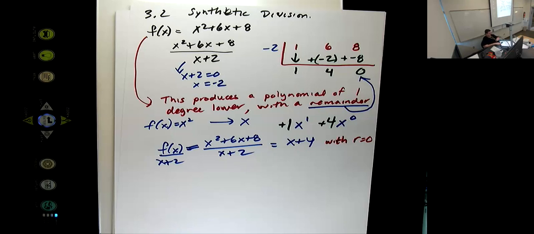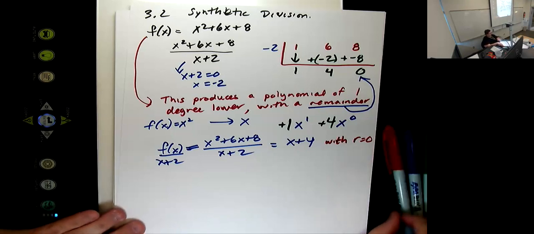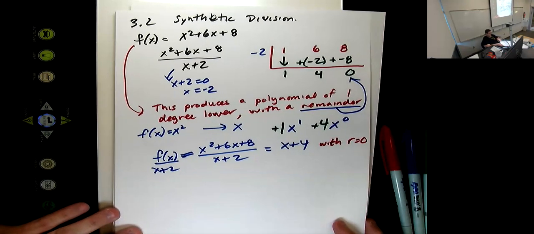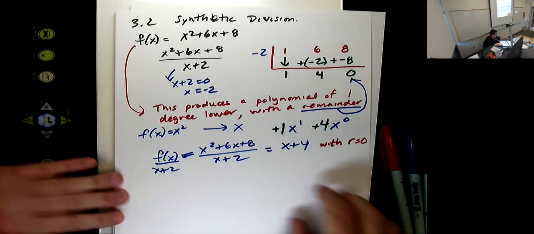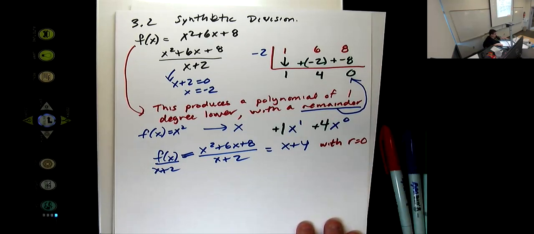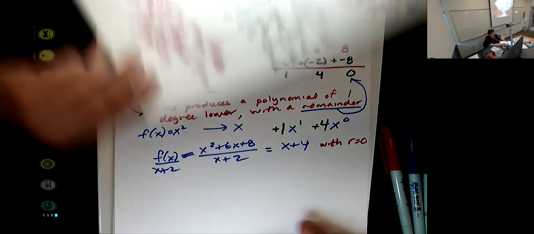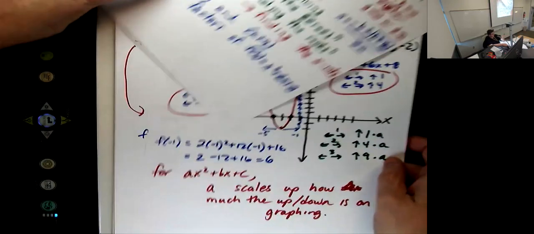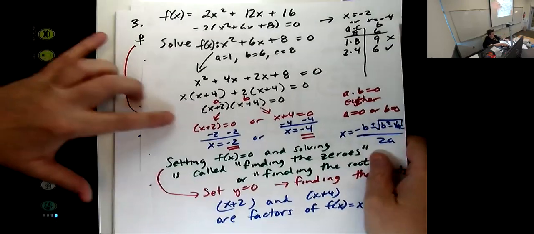That's going to be pretty important. I'm going to do this again in a little bit. Because note, we already knew the factors of f of x. We did them by hand.